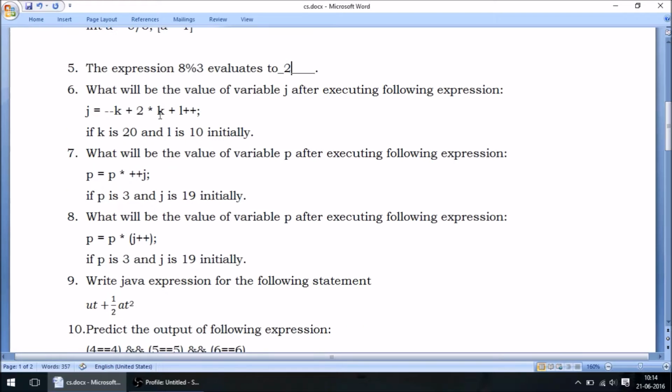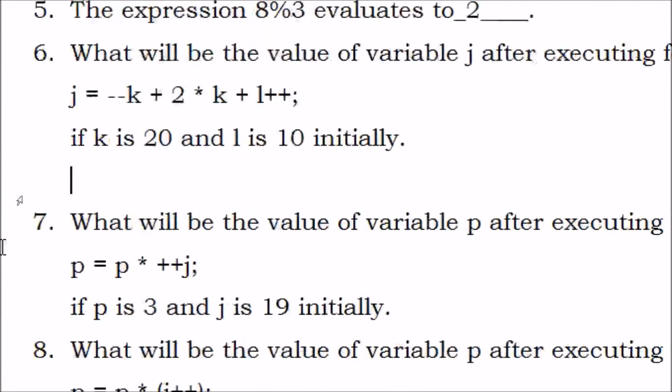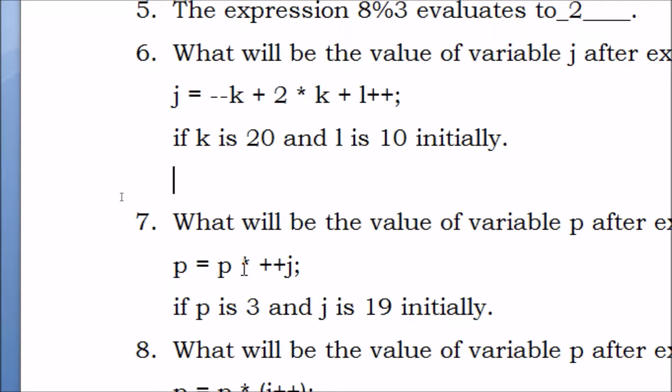Okay, next question: what will be the value of variable j after executing the following expression, assuming that k is 20 and l is 10 initially? So let me solve this here. I am going to put the values of the variables mentioned in this expression.